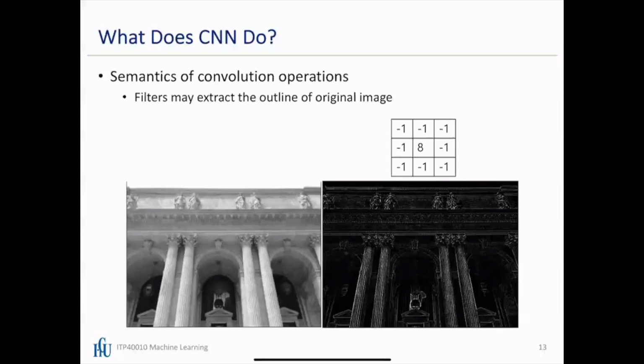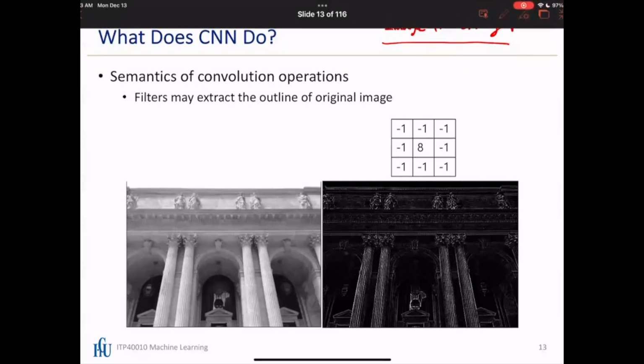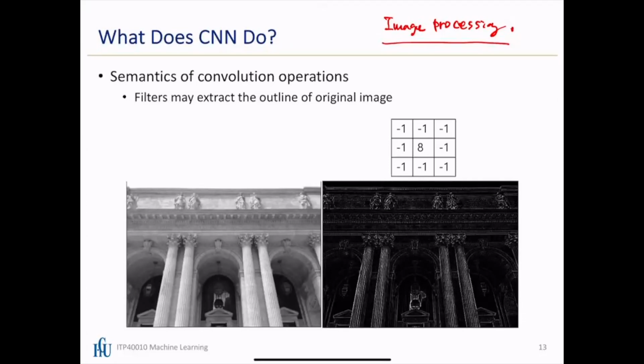So we have seen the operation of convolution, and the convolution operation was defined by a kernel. Then what does a kernel represent? The idea actually comes from a long time ago. Before computer vision, there was a discipline called image processing, to turn the image into a certain shape or certain characteristics.